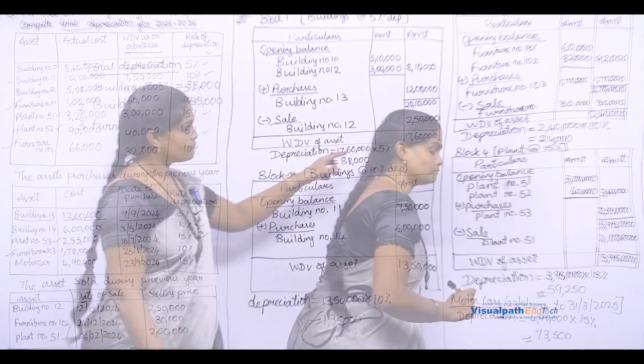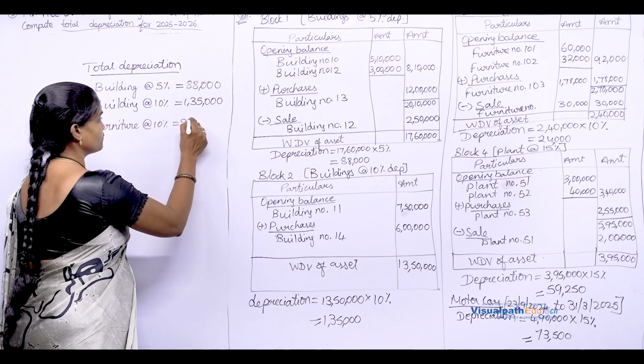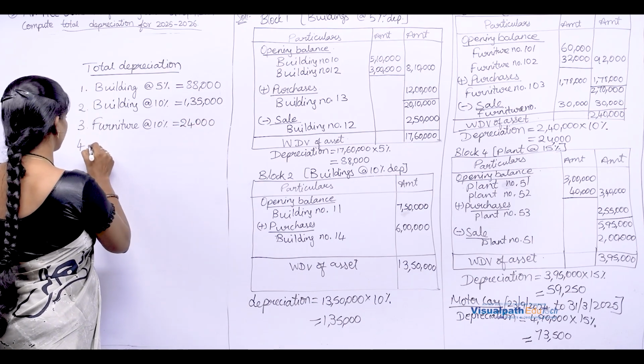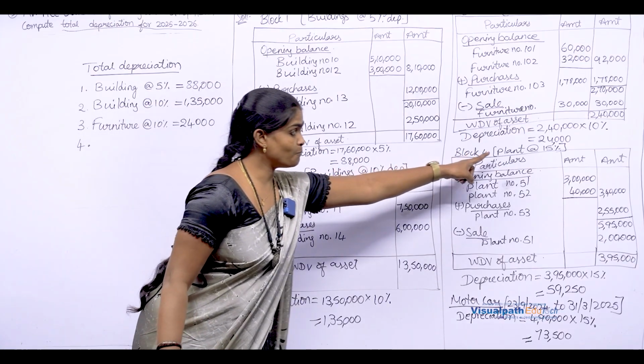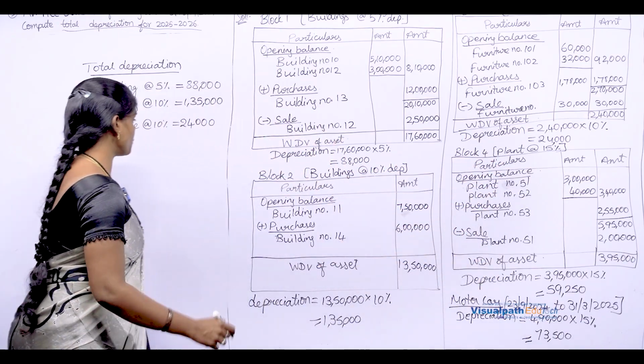The value of depreciation here is 59,250. Block 4, plant at 15% depreciation, is 59,250.